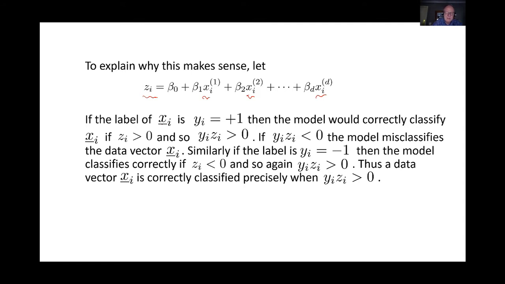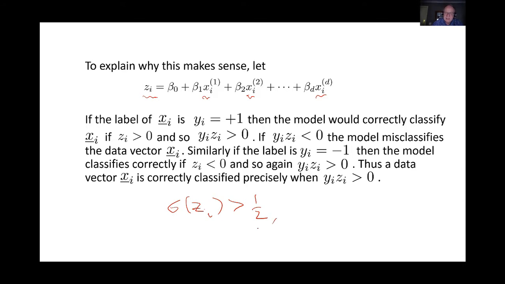In order for the model to correctly predict that, we would need that sigma of zi should be bigger than a half. And what would that mean?